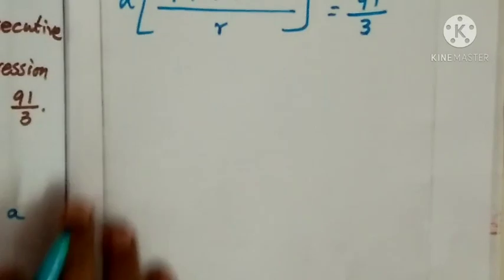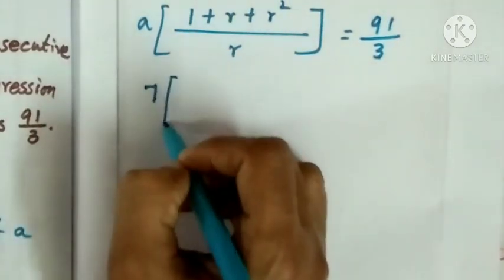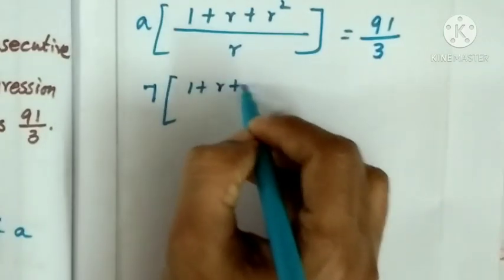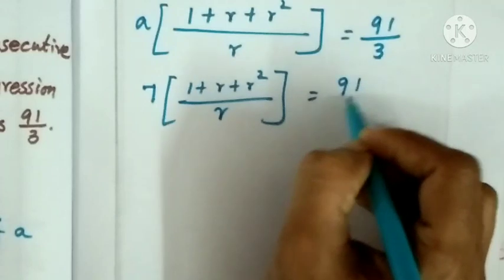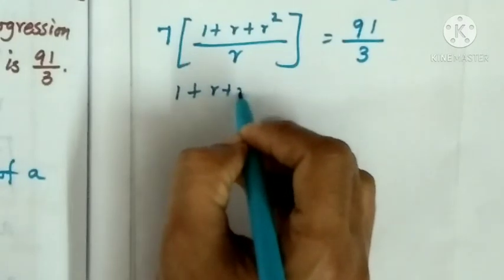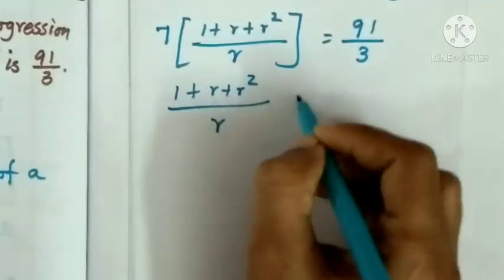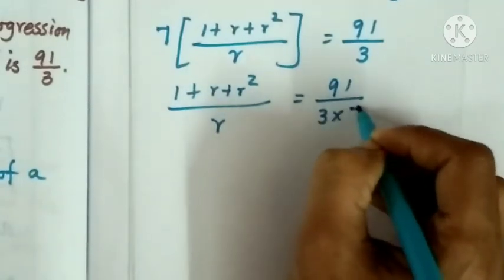We know that the value of a is 7. So 7 into 1 plus r squared by r is equal to 91 by 3. It can be written as 1 plus r squared by r is equal to 91 by 3 into 7.